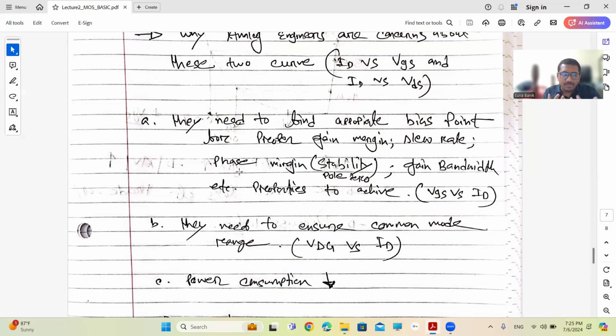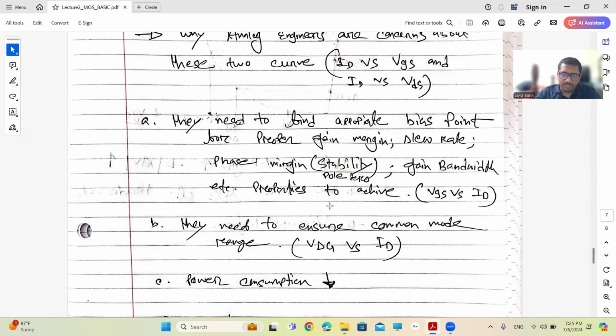Why? To maintain the proper gain margin, slew rate, phase margin, or stability, or it is also related to poles and zeros, and gain bandwidth. There are lots of properties. Therefore it's mandatory to set our operating point, which defines the bias point.